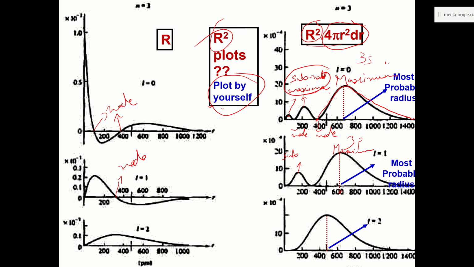There is one maximum and there are two subnodal maxima, and here in the case of 3p we have one subnodal maximum है ना, और इसमें just a maximum, no subnodal maximum probability at this point, and so you have most probable radius, and the most probable radius is decreasing, 3s, 3p, 3d, right?